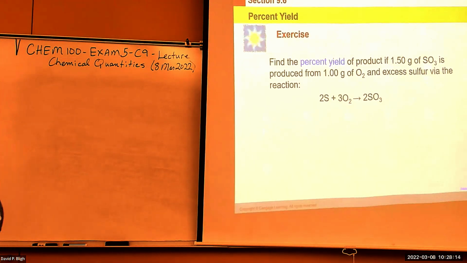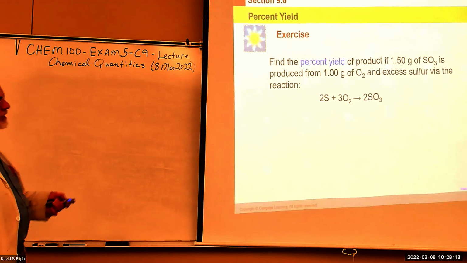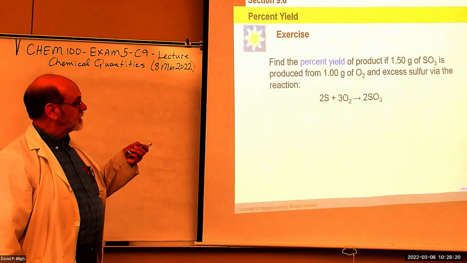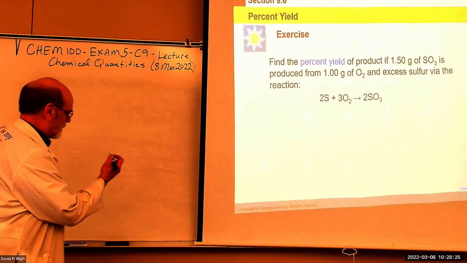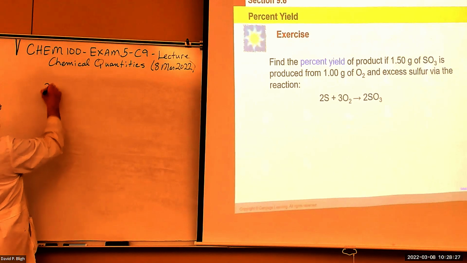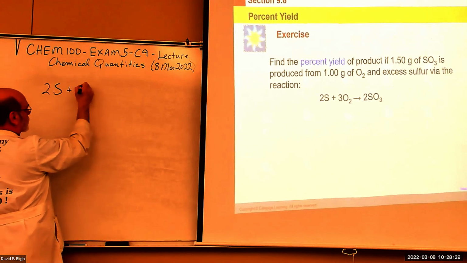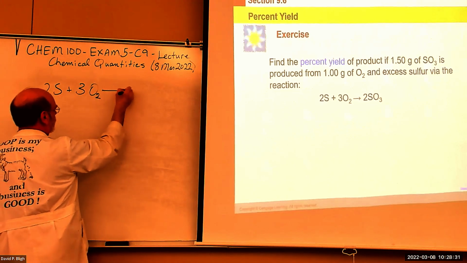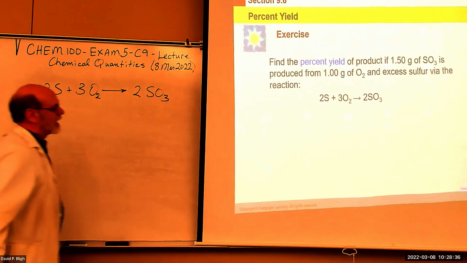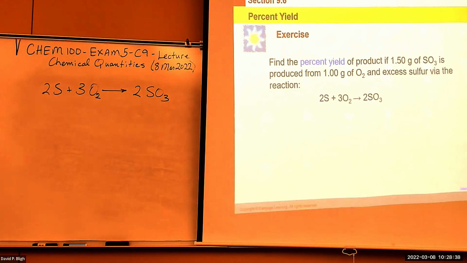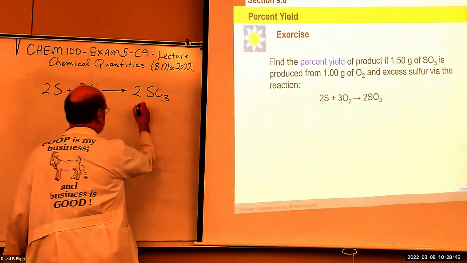Okay. Find the percent yield of product if 1.5 grams of sulfur trioxide is produced from 1 gram of oxygen and excess sulfur. Let's put our balanced equation up here. And what are we getting? 1.5 grams of sulfur trioxide is produced.